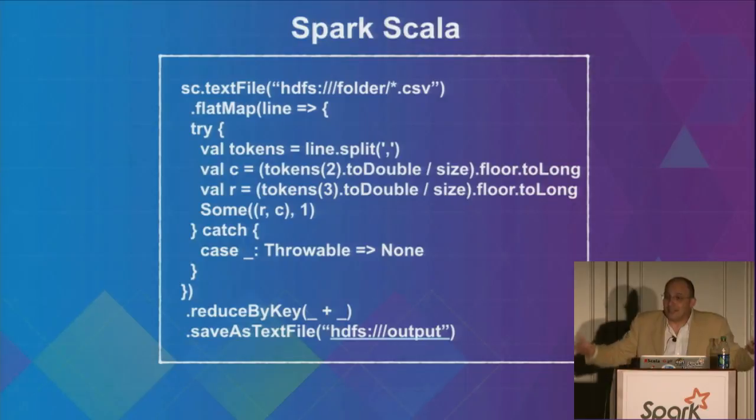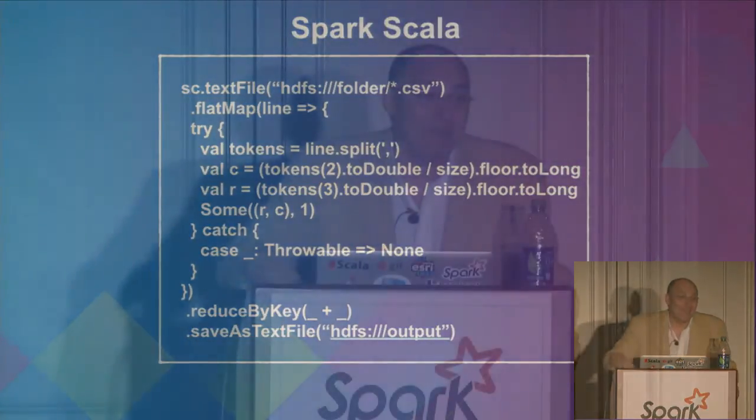And putting in try-catch, and actually I should put an accumulator here to make sure things are fine, makes life really good. So here I flat map the data because I emit an option. If it's bad, I emit nothing. And this is where I can take the data from HDFS, a bunch of it, and turn it into a certain output into HDFS. We can do some pretty cool things in this environment.